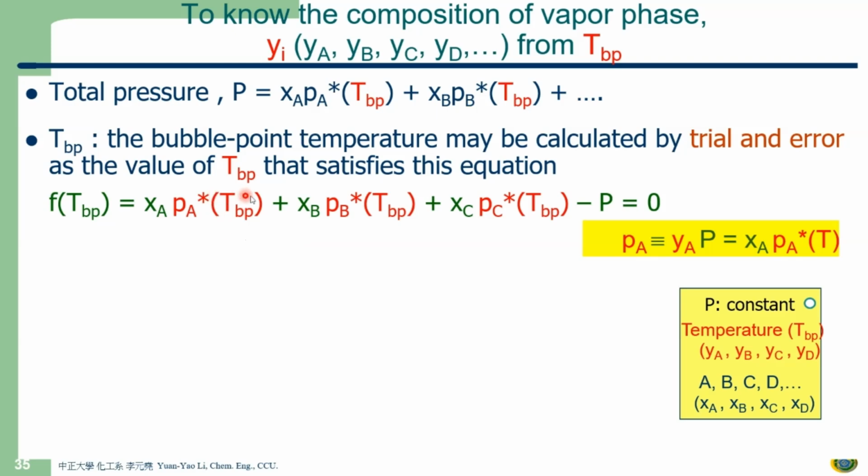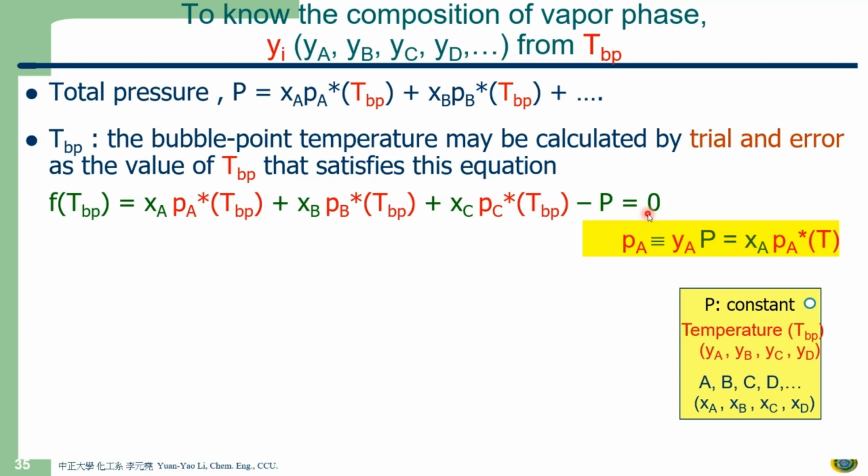So to find the TBP, if you assume the temperature is 80, then you can find out the vapor pressure of A at 80 Celsius, and this is the vapor pressure of B at 80 Celsius, vapor pressure of C at 80 Celsius, and then minus P. P is known, right?